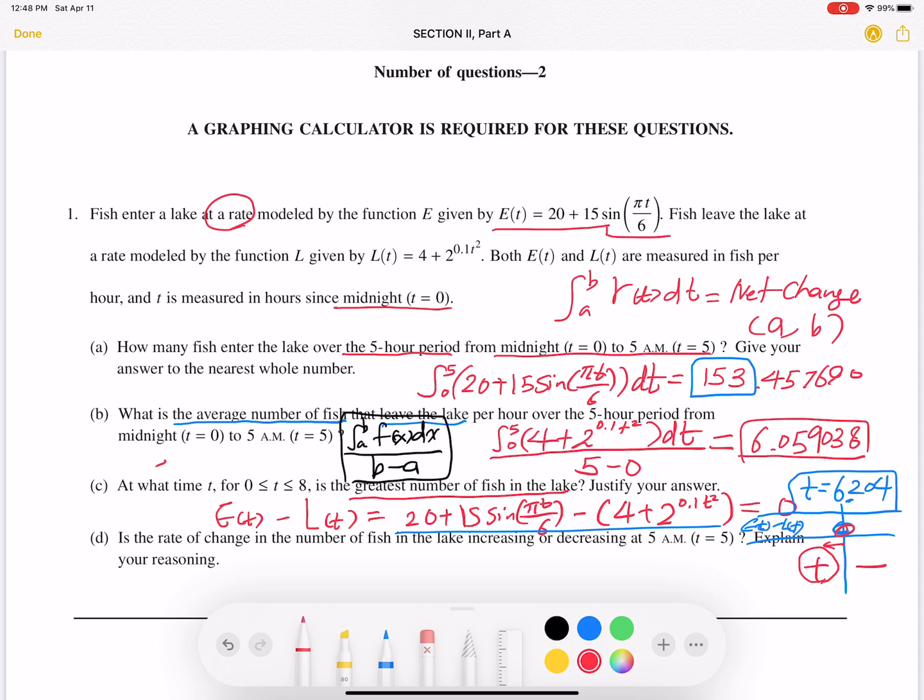Last question today, number 4. Is the rate of change in numbers of fish in the lake increasing or decreasing at t equals 5? That's the question. Okay? So we know the rate of change in number of fish.